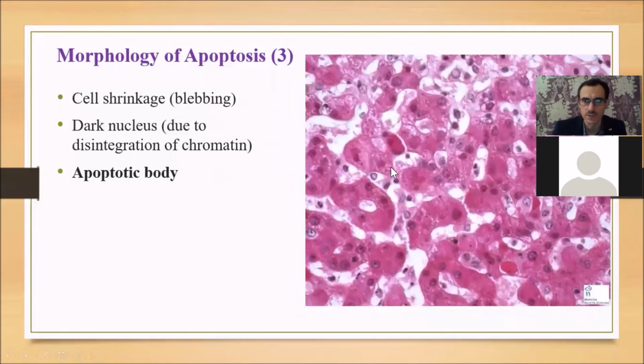What are apoptotic bodies? This is a liver biopsy. We can see here these mummified cells, for example, in viral hepatitis. The cells fragment into small bodies, small particles.